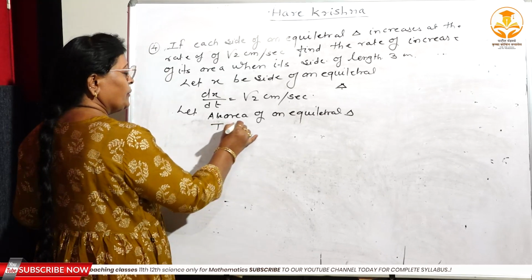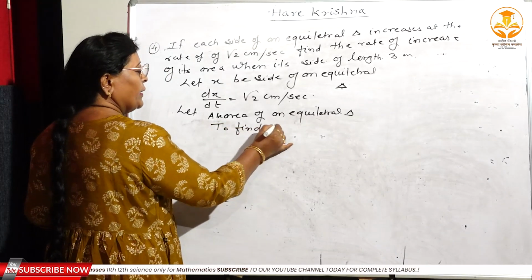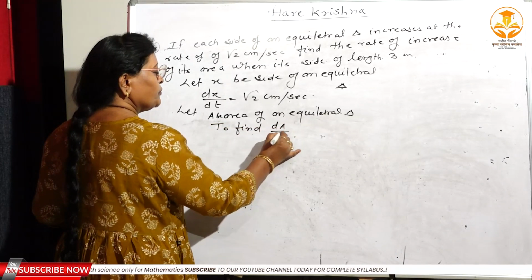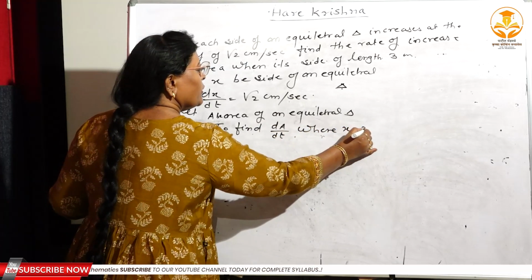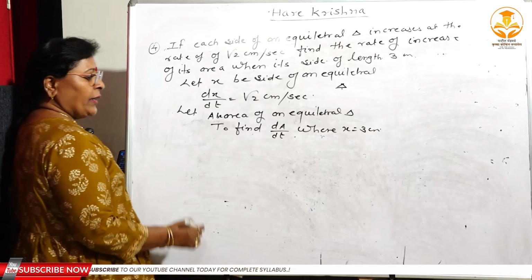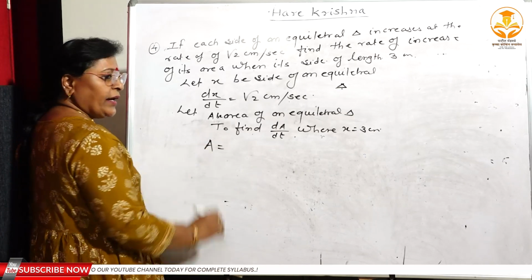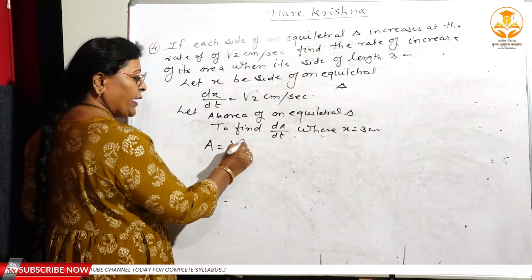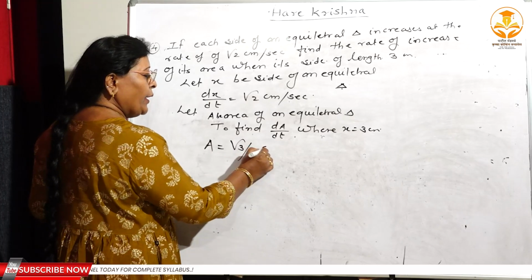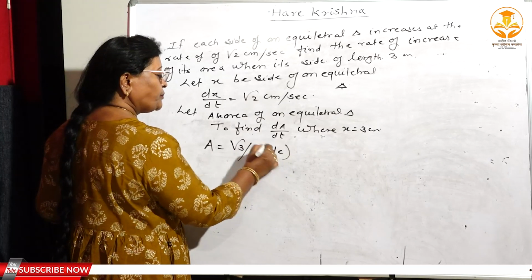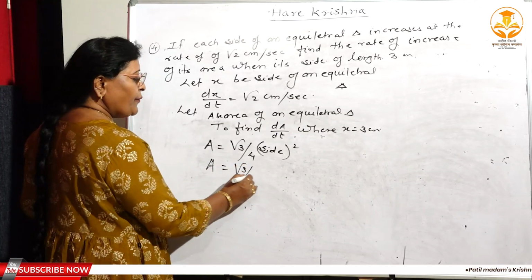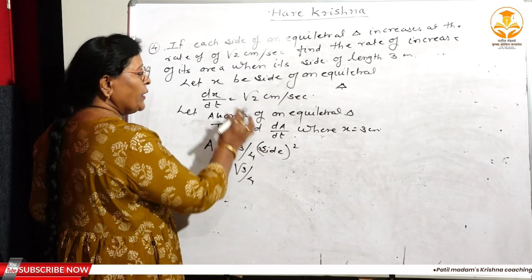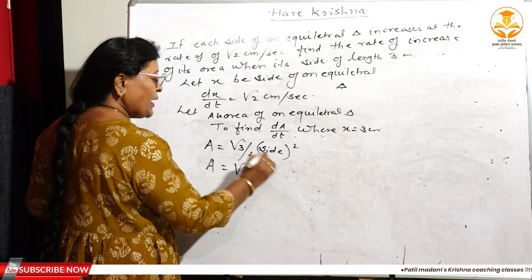To find dA by dt, where x is given as 3 centimeter. Again, what is the area of an equilateral triangle? The area of an equilateral triangle is equal to root 3 by 4 into side square, isn't it? Therefore, A is equal to root 3 by 4. What is the side they have given? x. Therefore, this is x square.